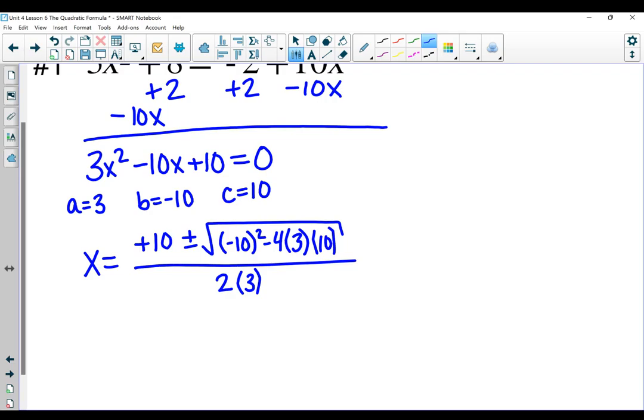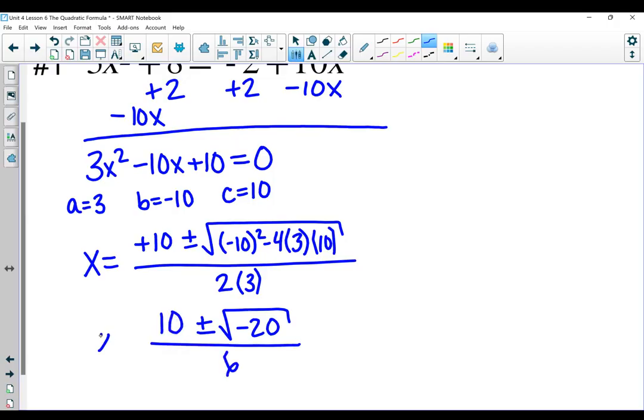When I show my work, I always show the substitution. Then I simplify the roots. So the next thing I'm going to do is negative 10 squared minus 4 times 3 times 10. So this is plus or minus the square root of negative 20. And then over 6.